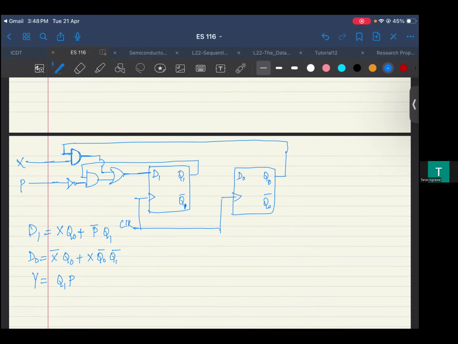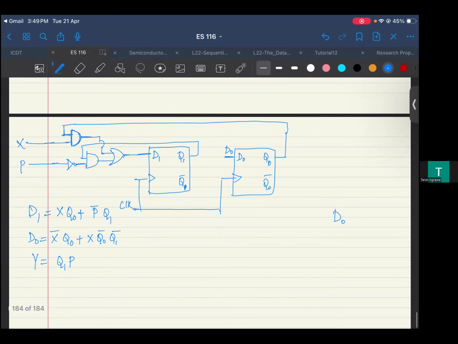Similarly, you can do for D0. D0 would be X bar and all those things which you have to take in, right? So this is D0. D0 circuit would be something like this. I'm just drawing separately. Where you have X, you will put an inverter with this, then you will take it with Q bar, right? So Q naught is coming again into this circuit, which is your AND of this, and then you have another circuit where you have X coming in, right?